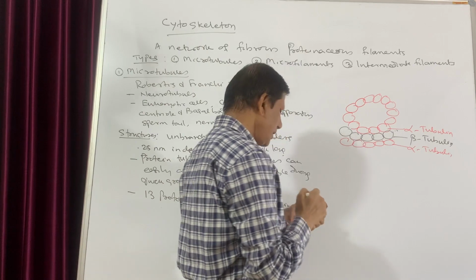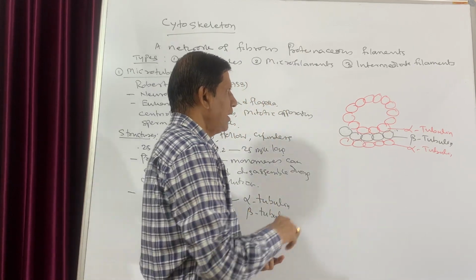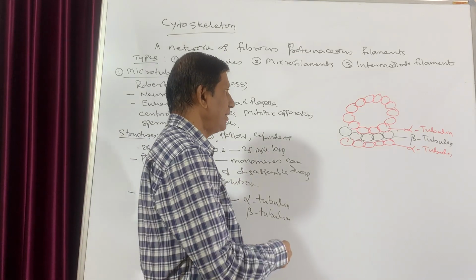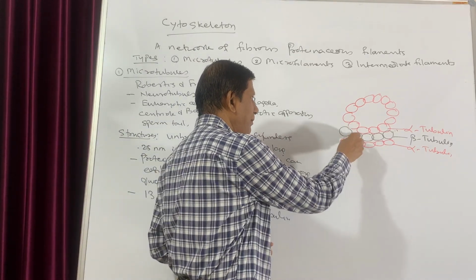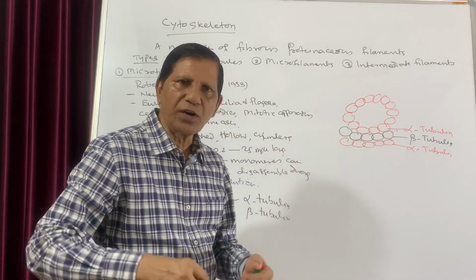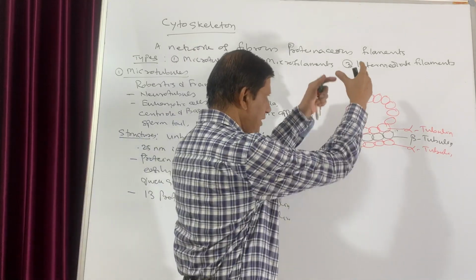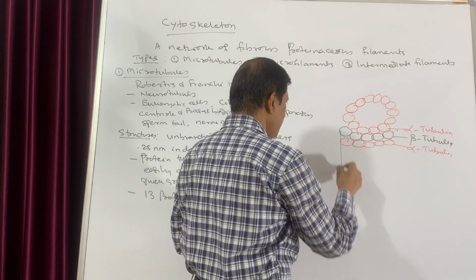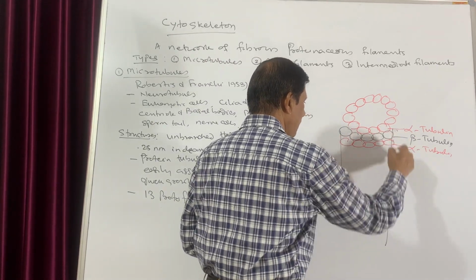So likewise, there are 13 protofilaments, and they are present alpha beta alternately, so that it forms a cylinder-like structure like this. If you draw like this, it will give rise to a cylinder-like structure.